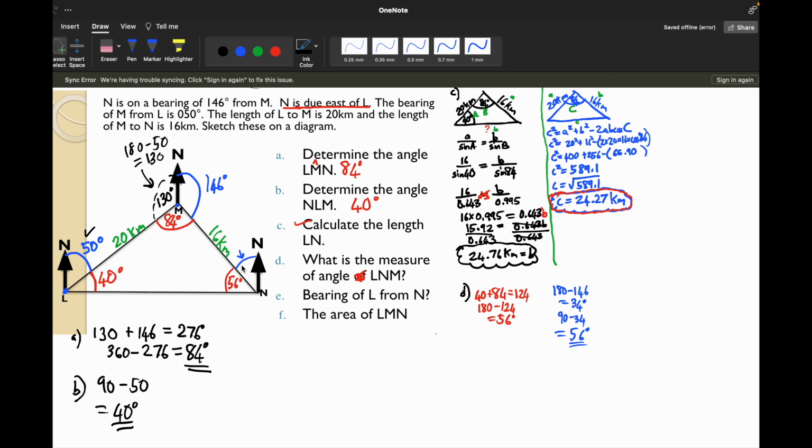All right. So anybody could tell me the bearing of L from N. So if it's going from N, we expect N going to L would be this angle here. Let me see if y'all could figure out what that angle would be. 270.